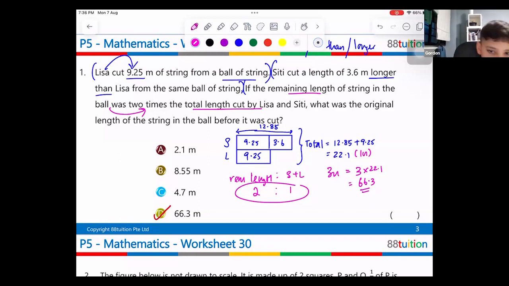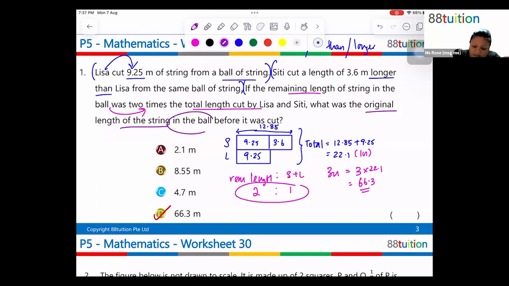Wait, actually, I am confused about one thing. Which one? The way you draw the model, you put the bracket to show that the total is 22.1. Why would 3 units be 22.1 times 3? Because the question says, what was the original length of the string in the ball? This sentence says the remaining length was 2 times Siti and Lisa.